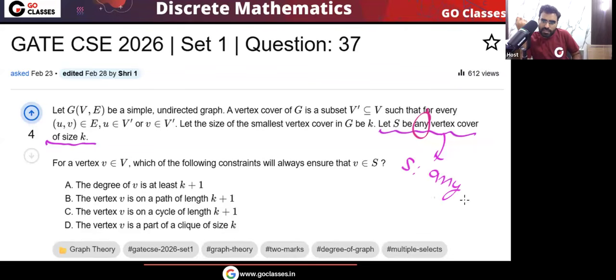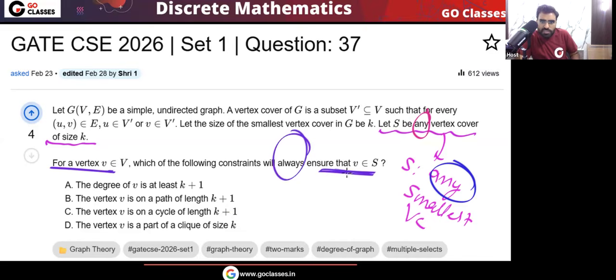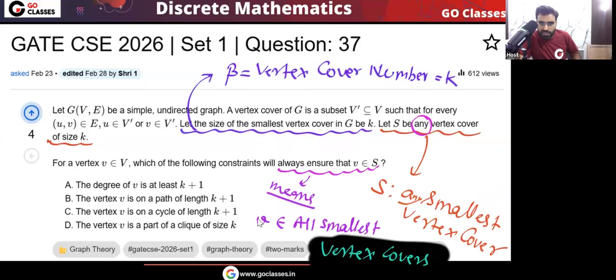The question is asking that for a vertex V, which condition will always ensure that V belongs to S. But S can be any smallest vertex cover, so V should belong to all the smallest vertex covers.